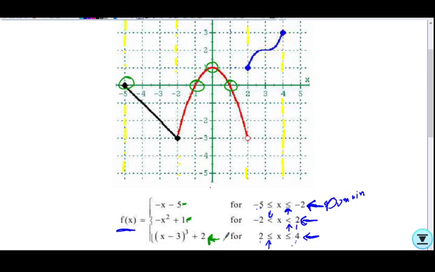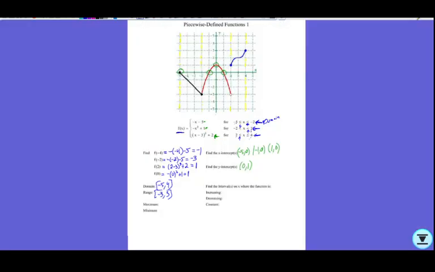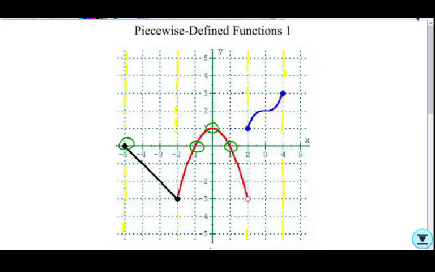All right, so let's talk about increasing, decreasing, and constant. Okay, the last part, and then we'll go back to maximums and minimums. The easiest way to explain increasing, decreasing, and constant: in physics, or in science, they talk about slope.